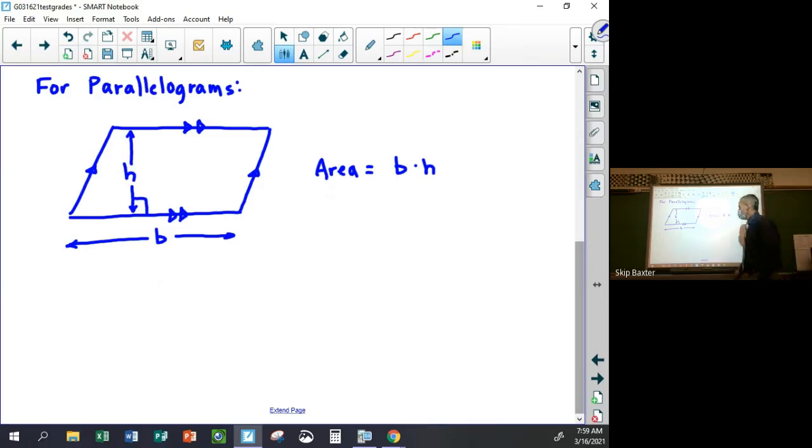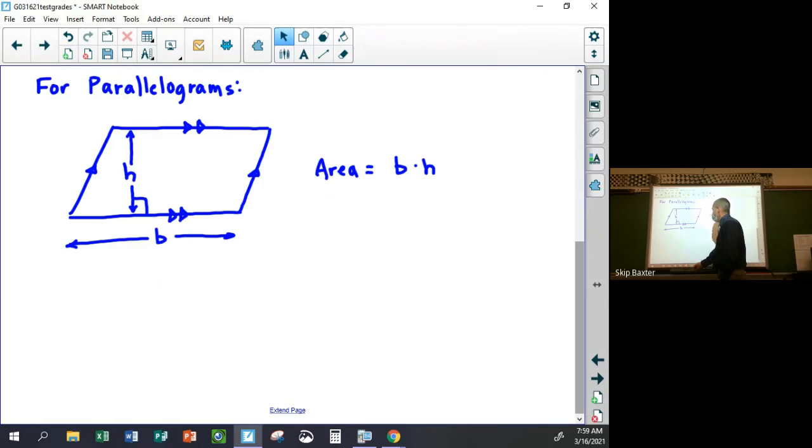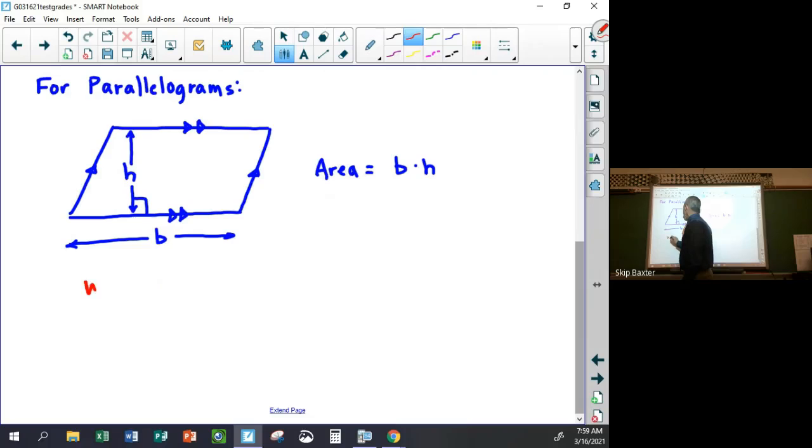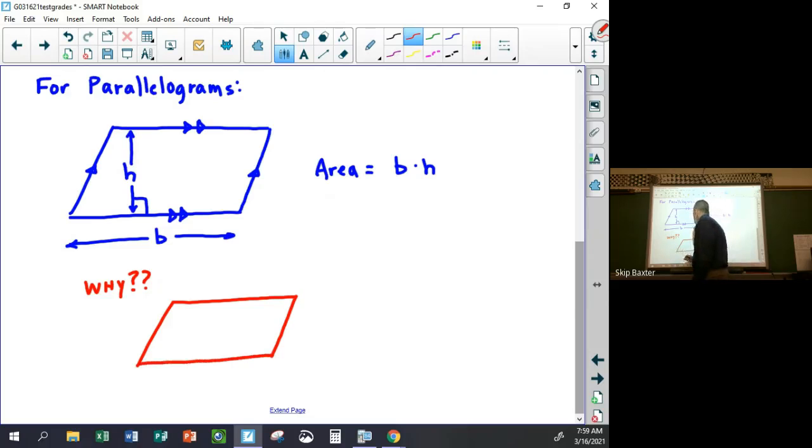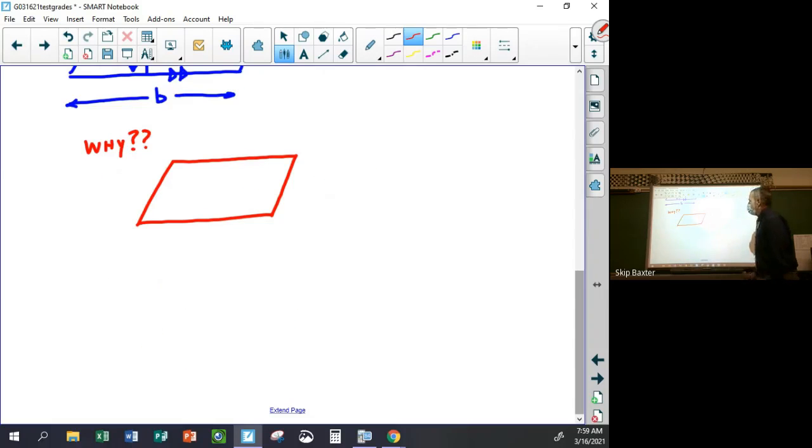Okay, and it should make sense that this is the formula. Why is this true? If you take a parallelogram, you could chop off this corner here and take this triangle and just glue it on over here.